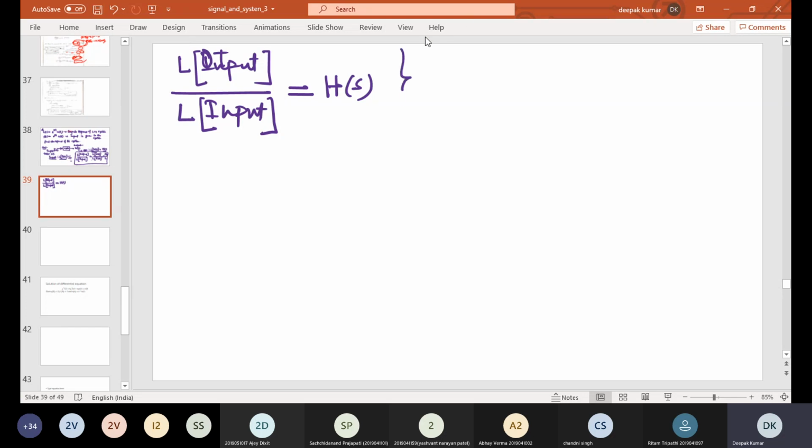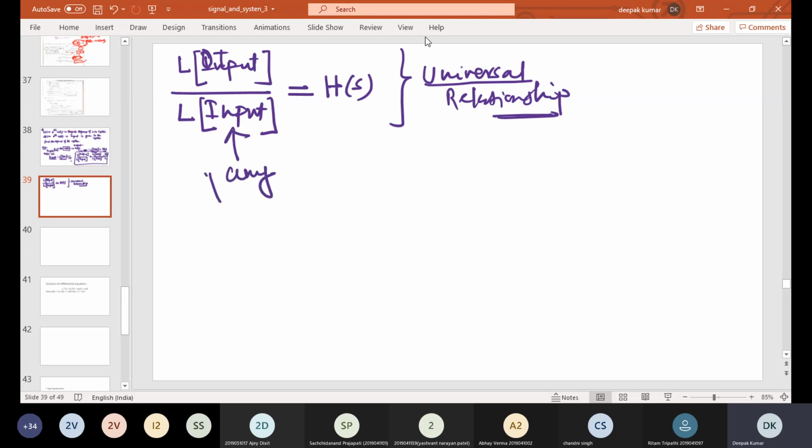Now this relationship will become a universal relationship, and very important, keep always in mind. Universal means this will apply for any input, any.